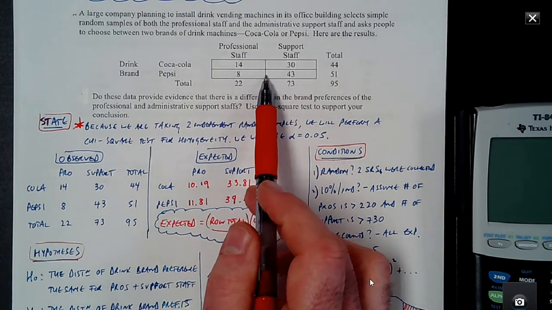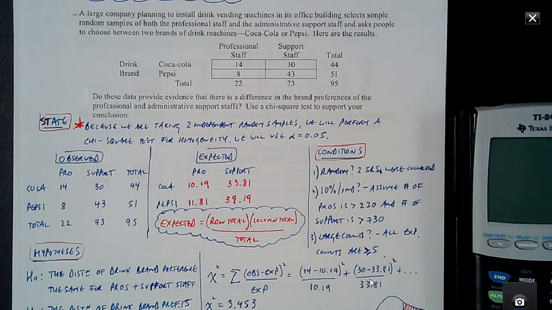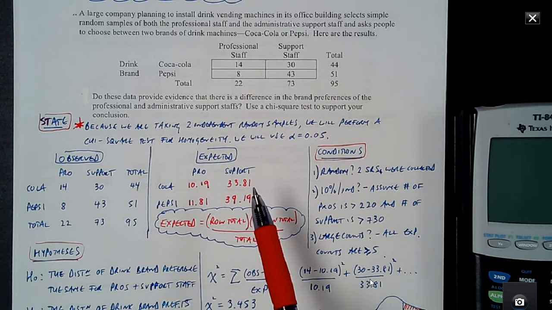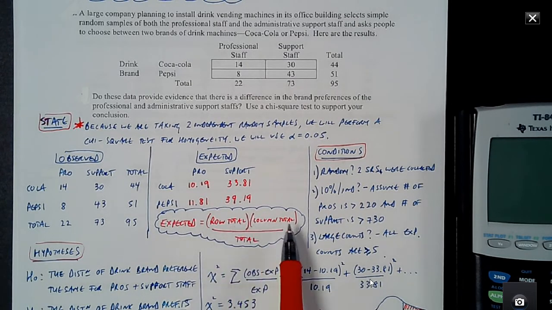From this table up here, our observed values were 14, 30, 8, and 43. And then we have the totals here. So to figure out the expected values, here's what you would do. You take the row total and you multiply it by the column total, and then you divide it by the overall total. So here's what I mean.